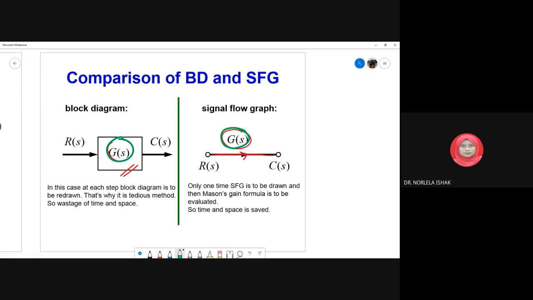The same goes to input, output, and also here. You just redraw it. But the difference is instead of block, we have a line, and we label the gain. G is our gain, right?